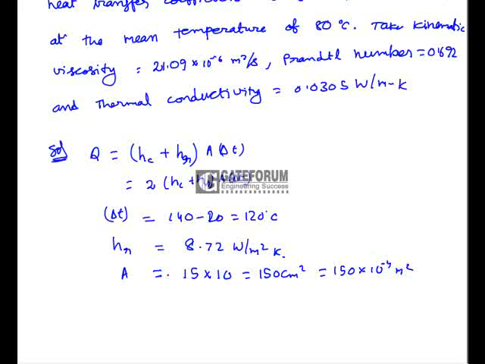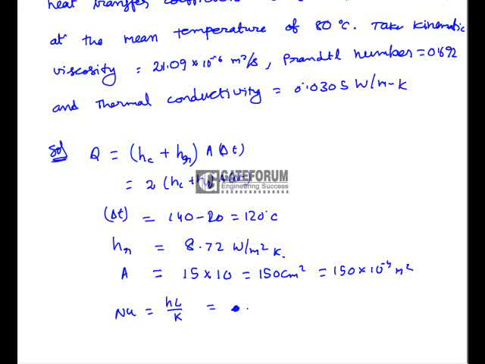Now we will have to find out the heat transfer coefficient in convection. That one can be obtained by using the Nusselt number, which is equal to hL by k. The Nusselt number is a function of the Grashof number and Prandtl number. Here the Prandtl number is already a known value.